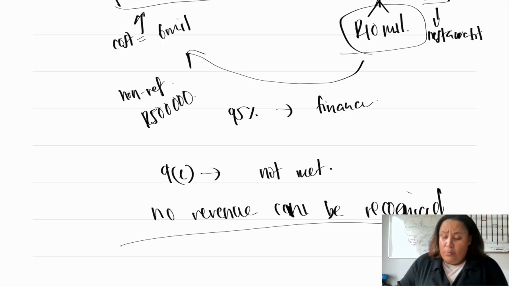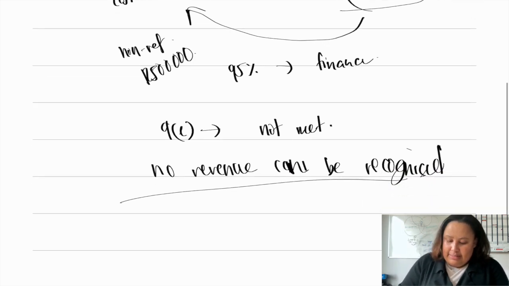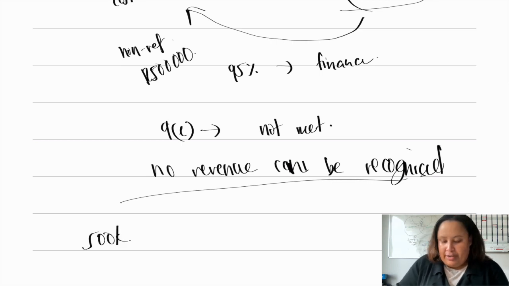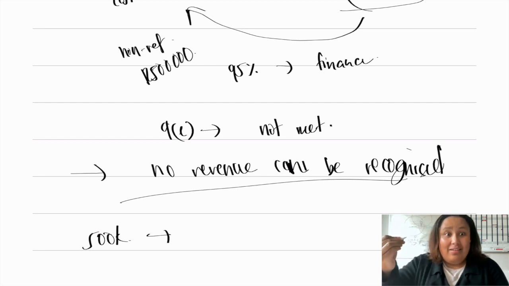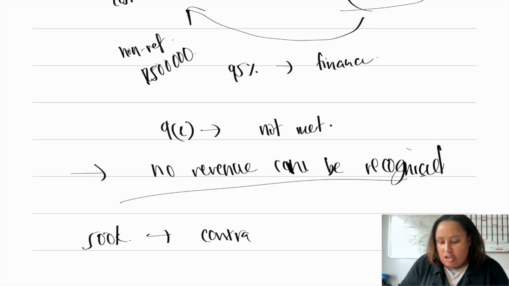We know that upfront the customer is paying the 500,000 as a non-refundable deposit. This deposit cannot be recorded as revenue yet because we haven't satisfied the criteria, step 1 in our 5 steps for recognizing revenue. So we fail on step 1, so we can't recognize revenue. Instead, we're going to recognize a contract liability.